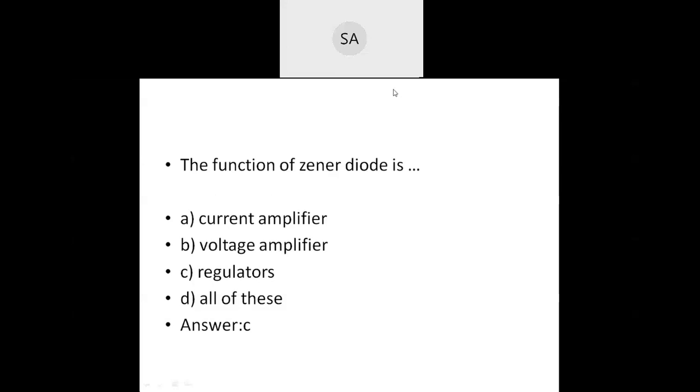The function of the Zener diode is regulation only. We have series like 7408, 1408, and different series like this. We will discuss those series later. So these are the questions related to diodes.